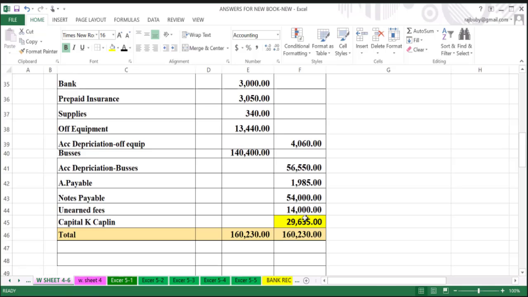Exercise 5-1. On June the 1st, Arthur Blair and Adam Story, who had been operating competing retail stores, decided to form a partnership by merging their two businesses. Arthur Blair has contributed cash, 30,000, accounts receivable, 50,000, inventory, 80,000, and accounts payable, 20,000.